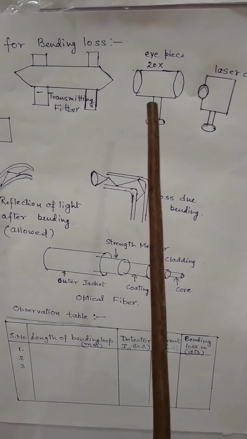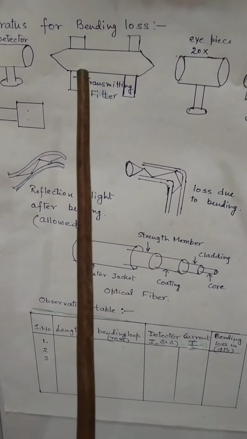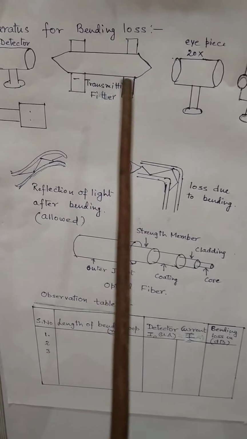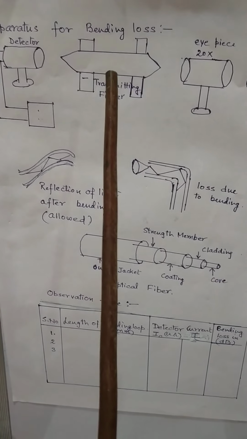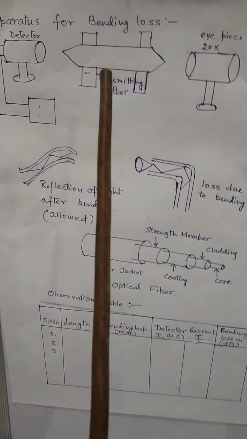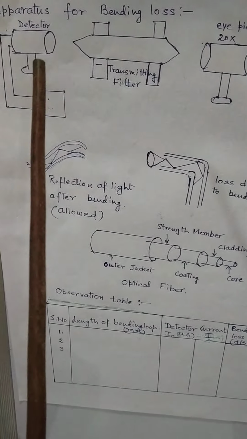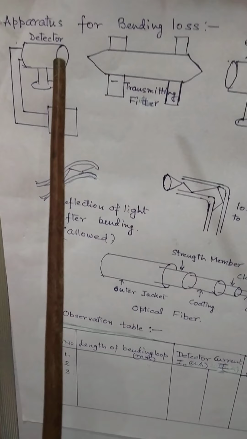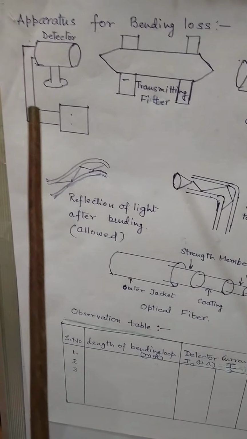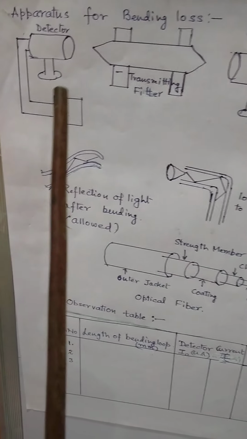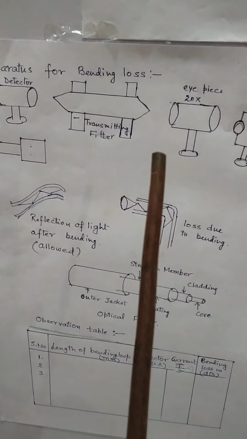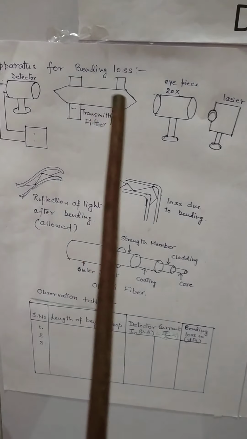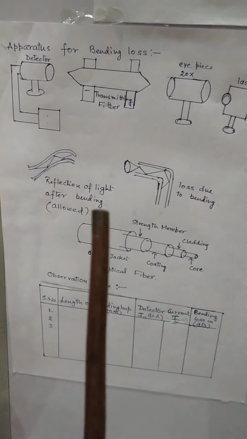Then this is the eyepiece, and this is the apparatus for transmitting feature. That means inside this the optical fiber is present, and the current passing is determined with the help of the detector, which is connected with the power supply. Now this is the main diagram for the setup to determine the bending loss of optical fiber.